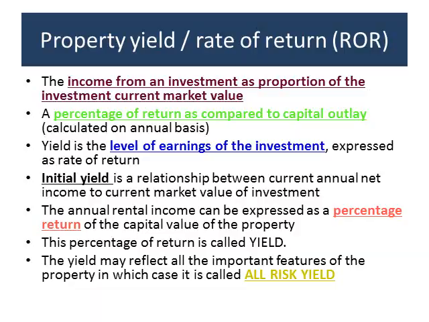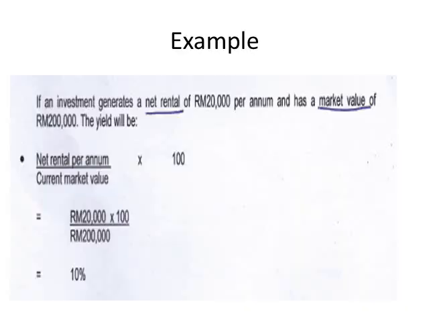Next, I will show you examples of how to calculate yields or rates of return. Let's look at this situation. If an investment generates a net rental of 20,000 per annum and has a market value of 200,000, what is the yield? First, let's highlight the important information.